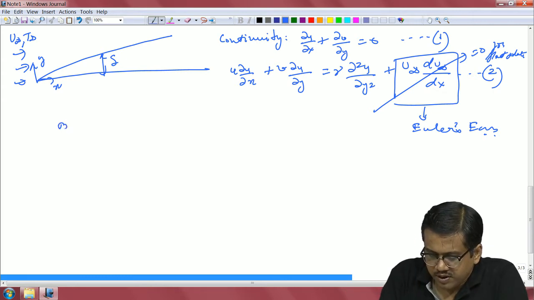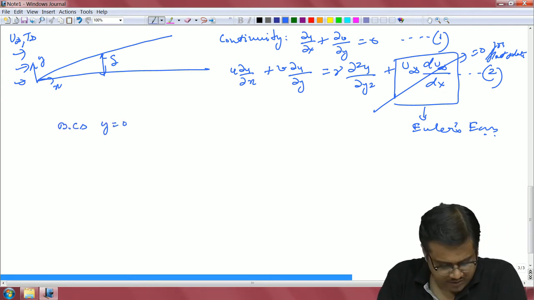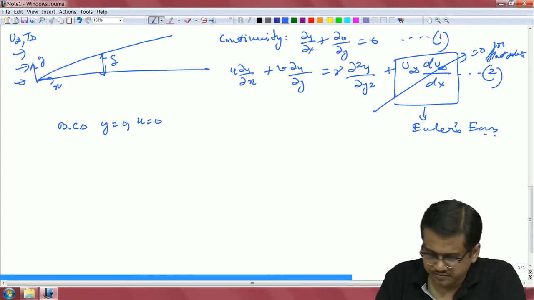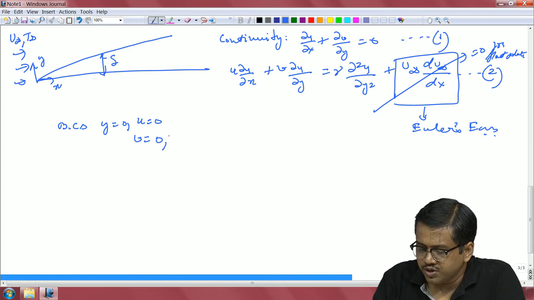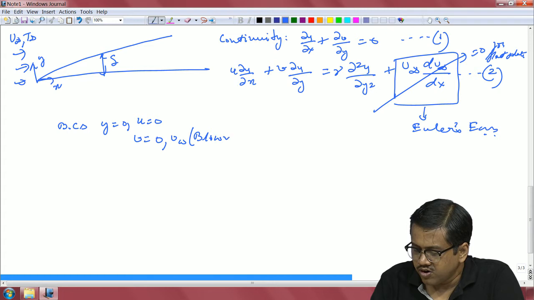So, the boundary conditions we already know: y equal to 0, u equal to 0, v can be equal to 0, it can also be equal to some other quantity which is called blowing or suction.